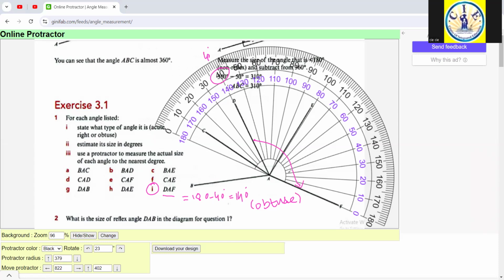Okay, now we need to solve question number 2. What is the size of the reflex angle DAB? A reflex angle DAB, and the diagram is from question number 1.